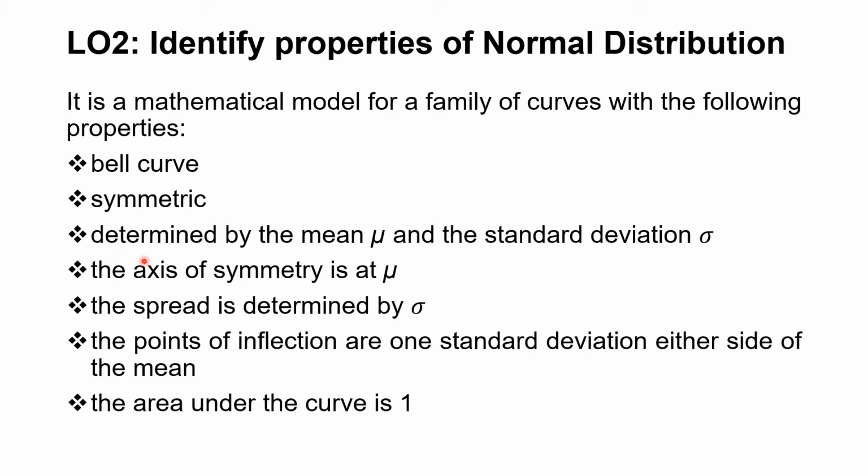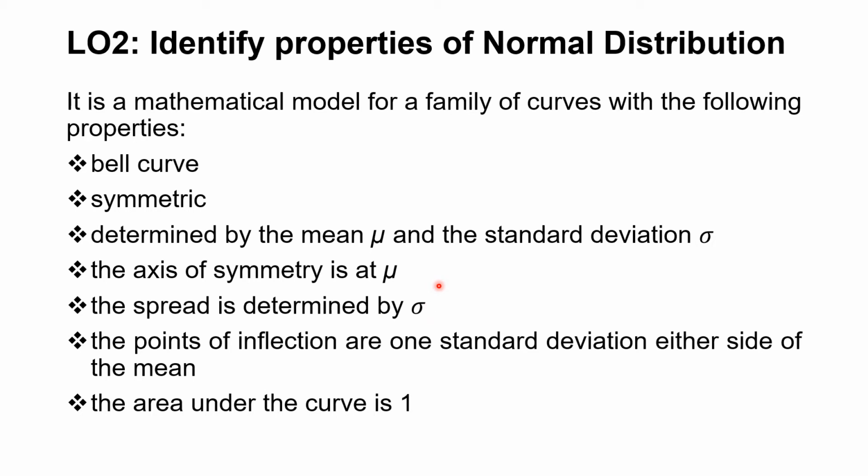Ideally, you should be able to determine the mean and standard deviation, because this bell curve is drawn based on the mean and standard deviation of a particular population, and the axis of symmetry is always at the mean. The spread is determined by the standard deviation.